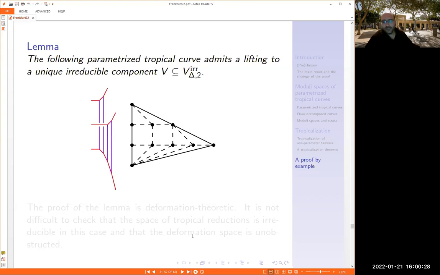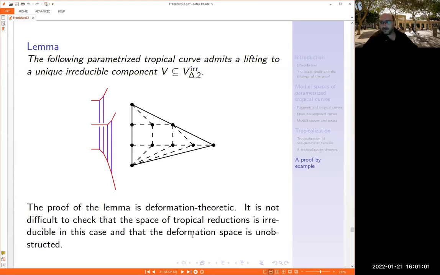Okay, so now I will not prove this lemma. The proof is deformation theoretic. In a sense, what you have to do is show that the space of tropical reductions associated to this curve is irreducible, and the deformation space that allows you to reconstruct the algebraic curves from their reduction is in this case unobstructed.